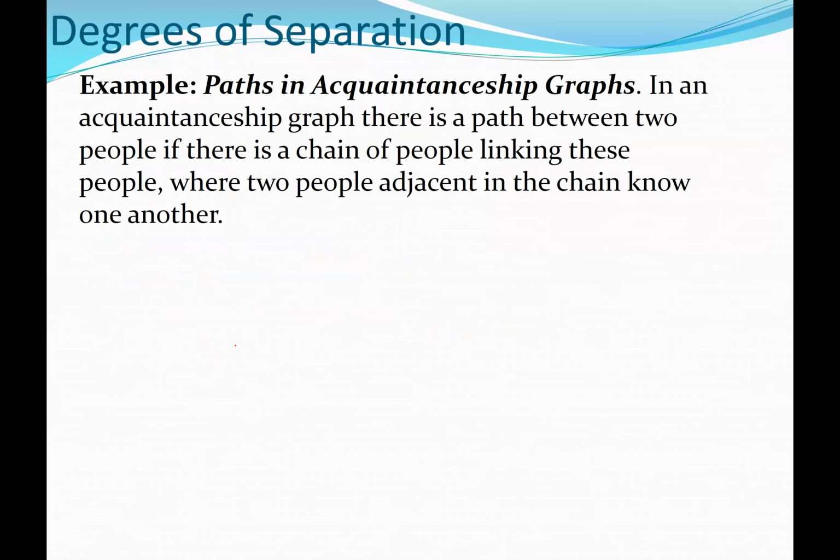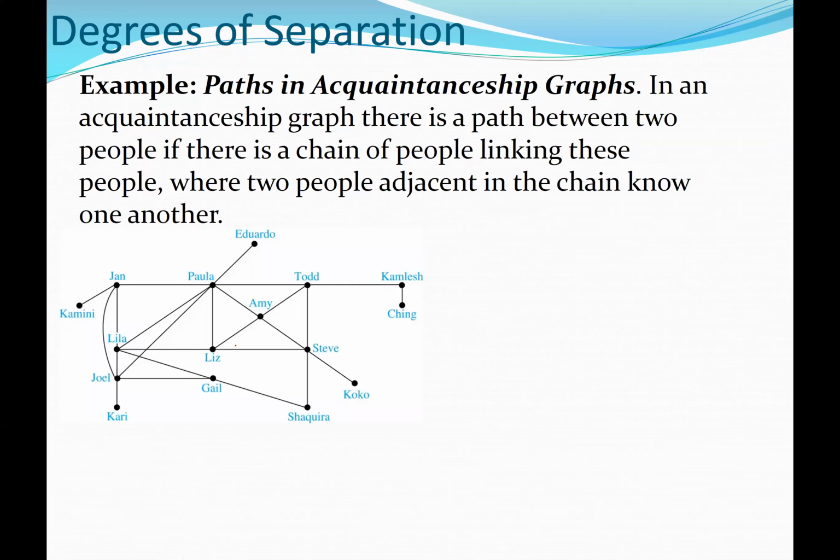Now we look at another example. In a social network graph, a path exists between two people if there's a chain of people linking these two people together. Here's the Facebook example.